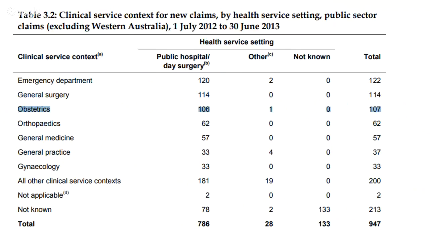So I went to the litigation documents for Australia from 2012 to 2013, and obstetrics also came in third place. I wasn't sure if brachial plexus injury was still the most common, but it's interesting to see nonetheless that obstetricians are by and far one of the most common specialties to get litigated against.